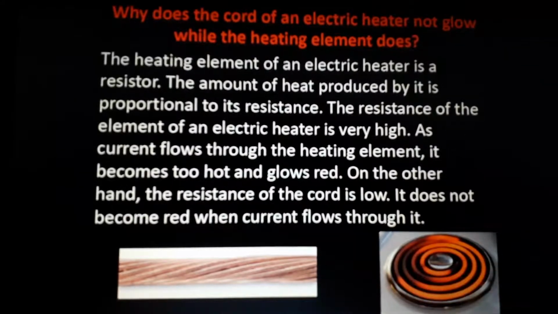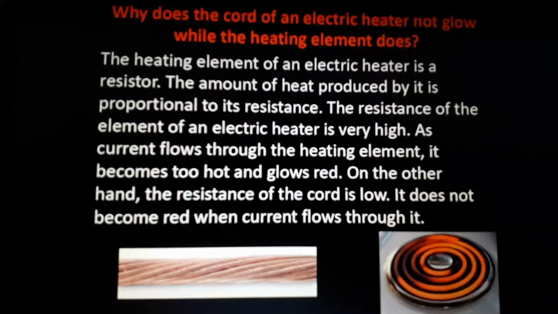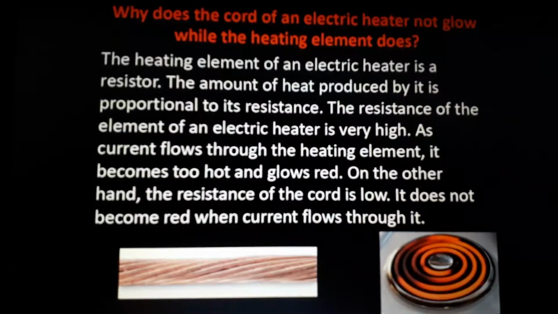But there is a particular material between this coil and the metal plate. It is called mica sheet. Mica is a very good conductor of heat, but a very bad conductor of electricity. So it won't pass electricity through it, so we are safe from electrical shock.